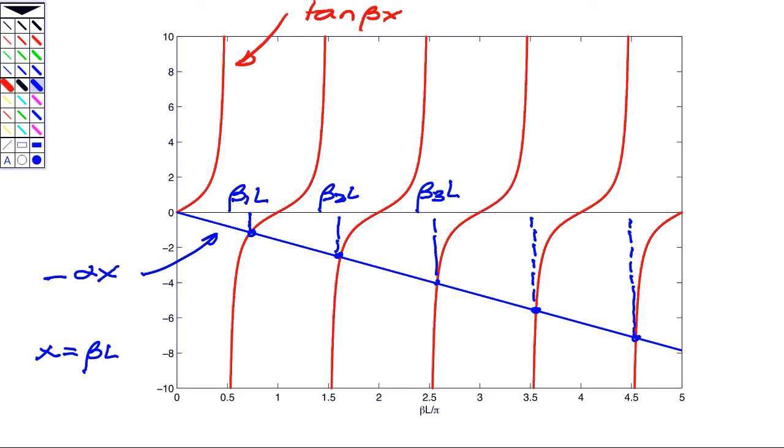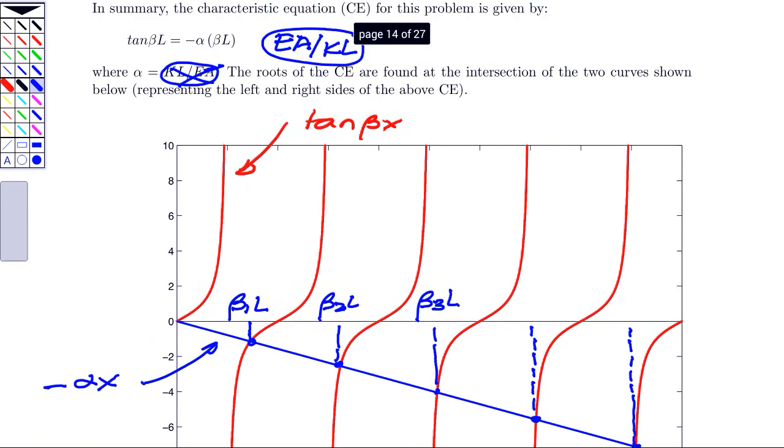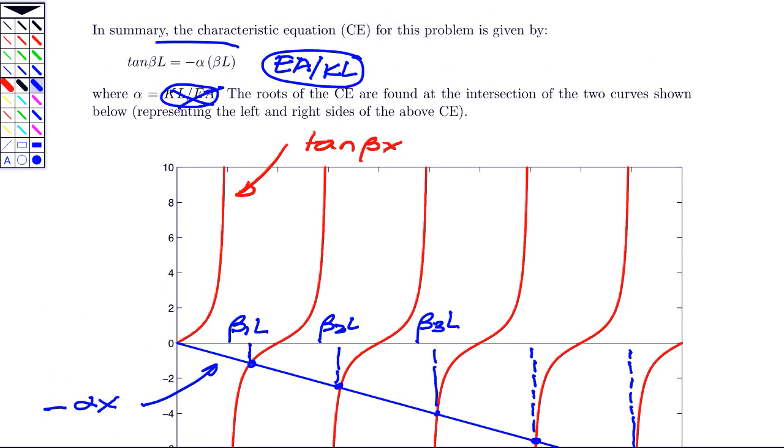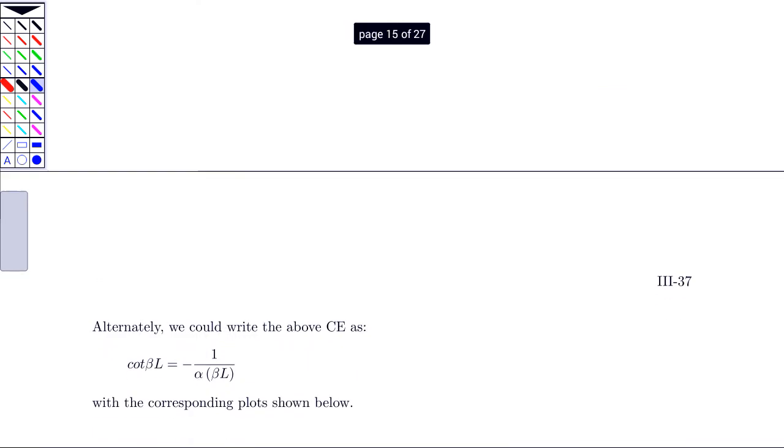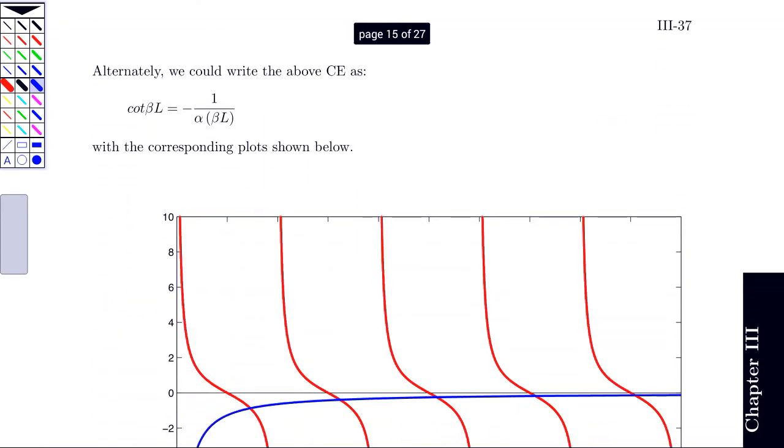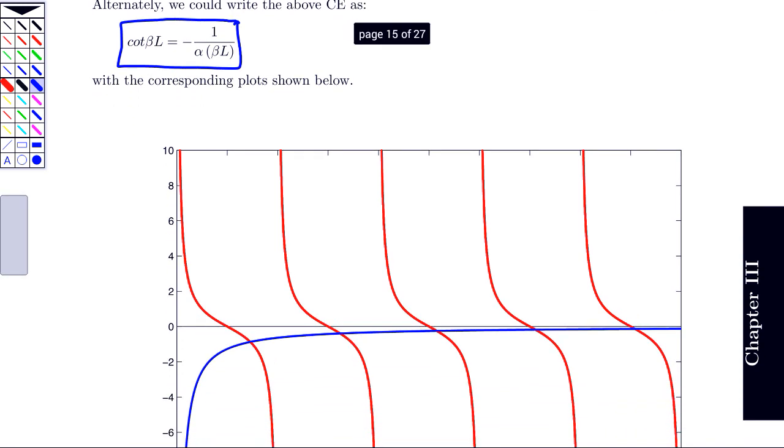So one way around that is, instead of writing it like this, what if we do it the other way? We move the tangent over on the right-hand side, make that a cotangent, and move the beta L on the right side to make it 1 over beta L. And if we make a plot of that like this, again, now the red is the cotangent.